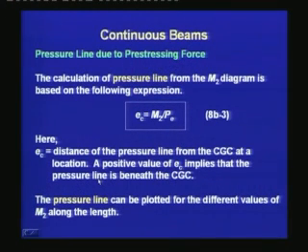Similar to the eccentricity of the tendon, a positive value of EC implies that the C is below the CGC, and a negative value of EC implies the location of C is above the CGC. The pressure line can be plotted for the different values of M2 along the length. That means once we have the M2 diagram, we can use the expression EC is equal to M2 divided by PE to calculate the pressure line throughout the length of the beam.